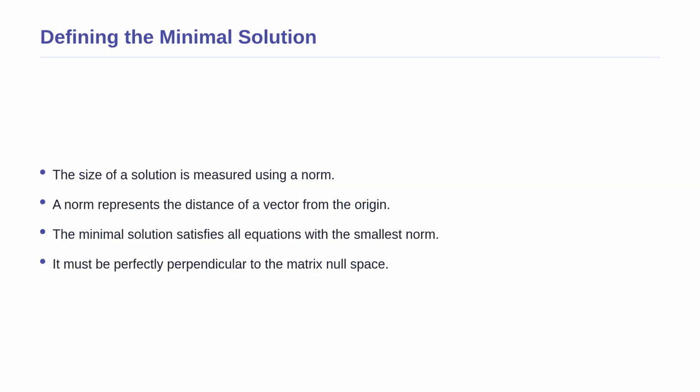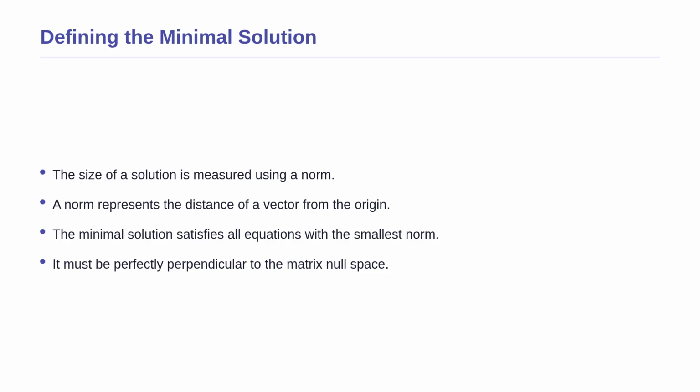Building on the idea of finding the most efficient answer, we need a way to measure the size of our solutions. We measure this size using a concept called a norm, which is simply the mathematical term for the length or distance of a vector from the origin, or the 0 point. The minimal solution is the specific vector that satisfies all the equations while having the absolute smallest possible norm.